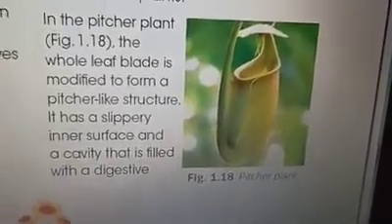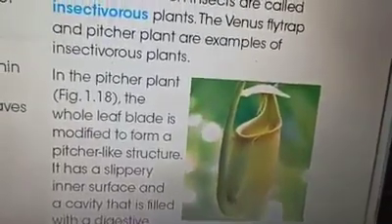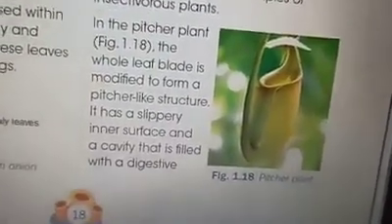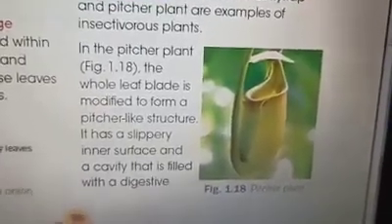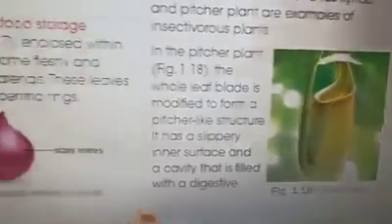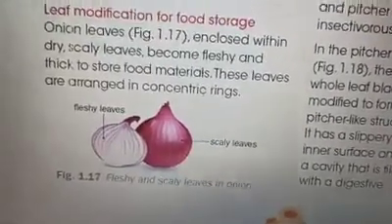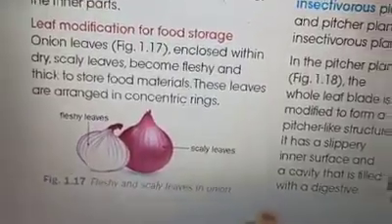They catch insects with the help of this pitcher-like structure, which is nothing but a modified leaf lamina. This is one type of modification of leaf. And you look at these onions, the fleshy leaves are modified to store food.